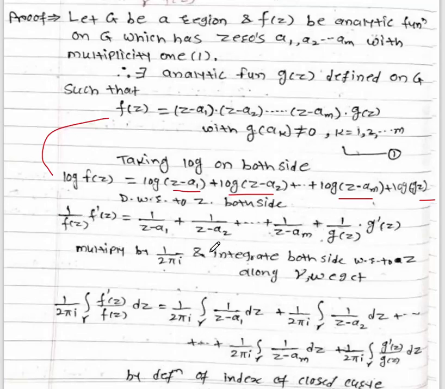Now we will multiply on both sides by 1 upon 2 pi i and integrate with respect to z along the curve gamma.